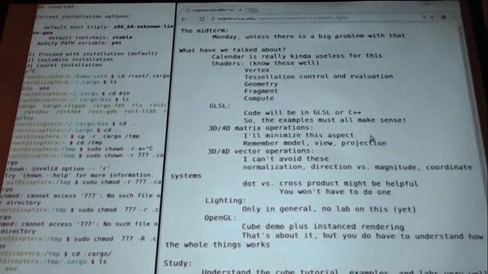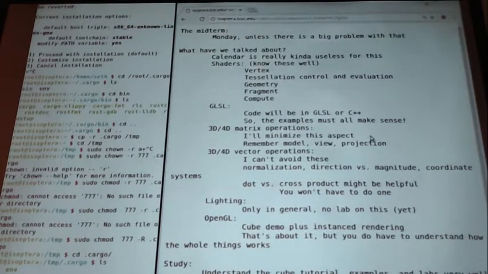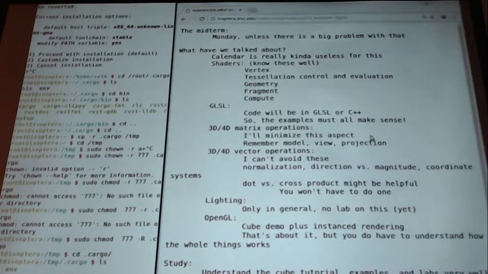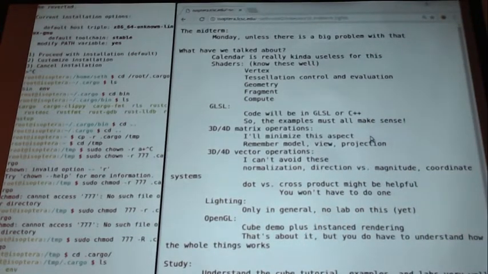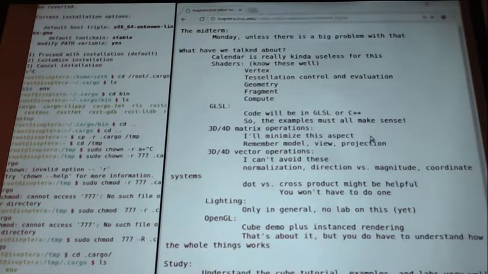Anyway, okay, so yeah, 3D and 4D. So when you normalize a vector, you just make its length 1. Remember that vectors have a direction and a magnitude, and so a normal vector is 1 unit, and it points in a direction perpendicular to the surface. Remember definitions like that.